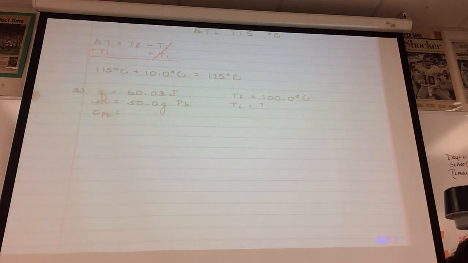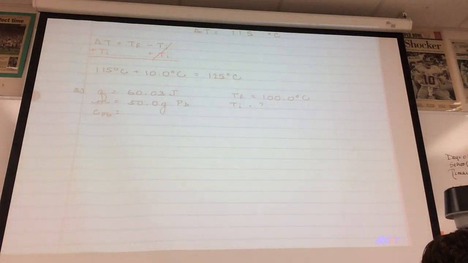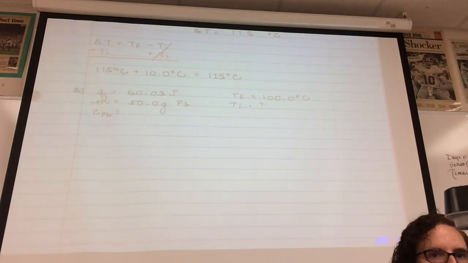So use that information, get the specific heat of lead, and try and solve this problem. Give it a shot.